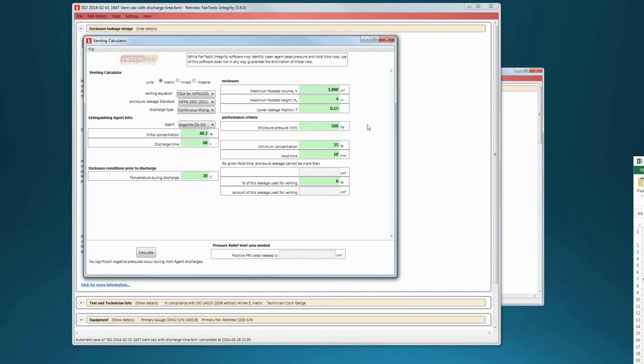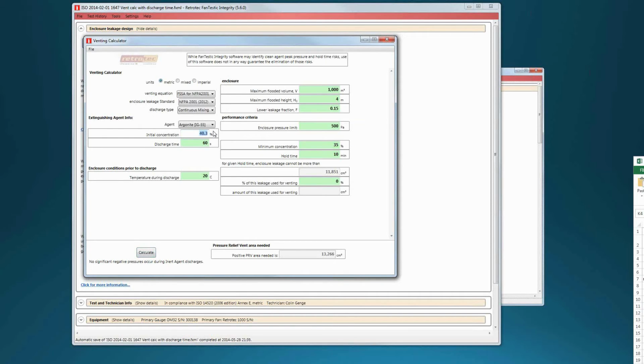We'll take our peak pressure limit back to 500. We have to hit calculate each time, by the way. So here we still don't have a viable situation, even using continuous mixing and lower leak fraction to the absolute limit.